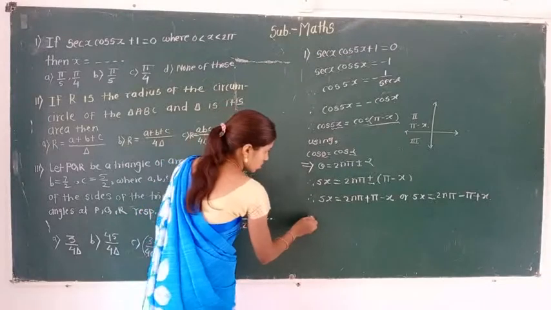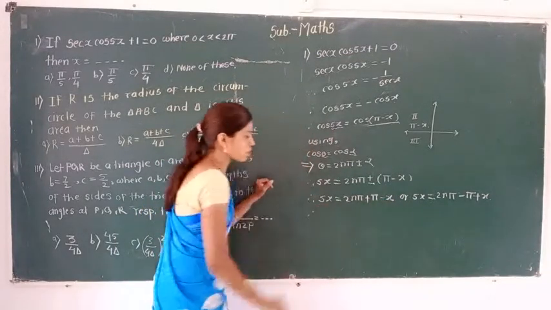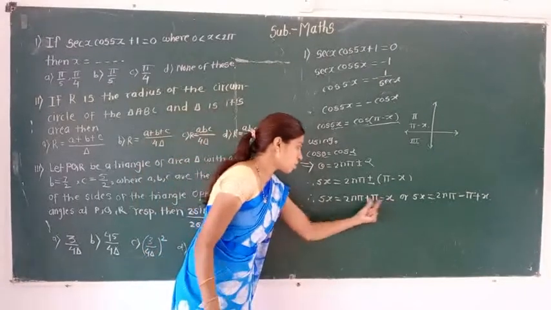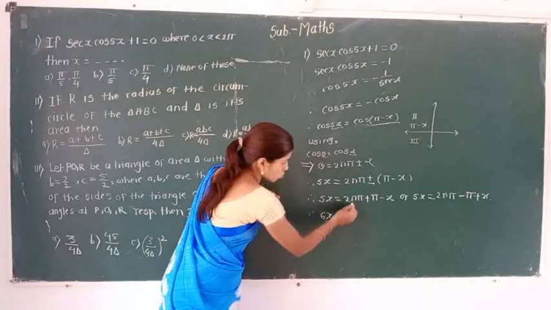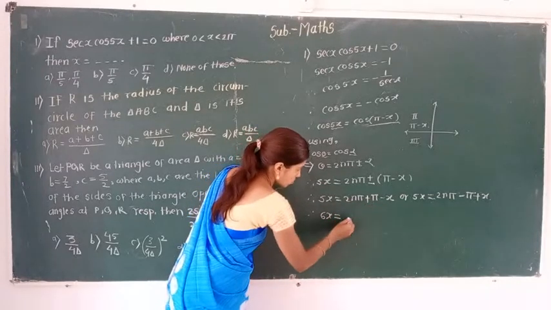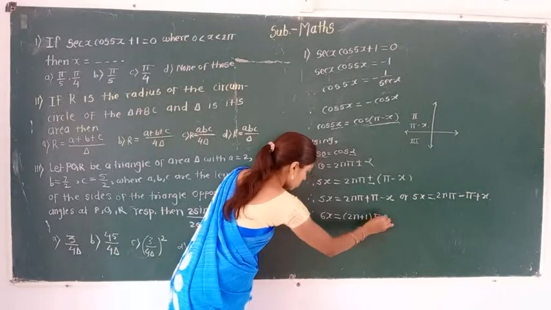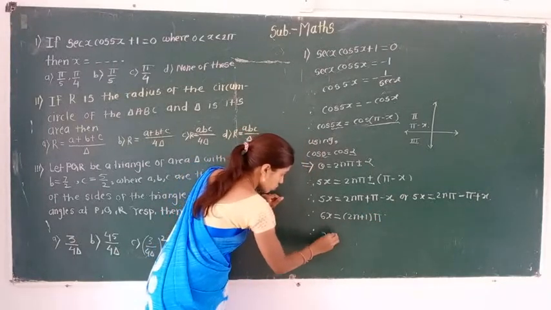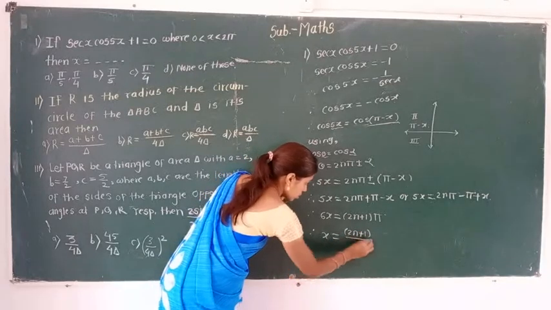Now see here x is negative on the right hand side, transform to the left hand side: 5x plus x, we write 6x is equal to, take the common factor of these two terms, pi, in bracket 2n plus 1 into pi.